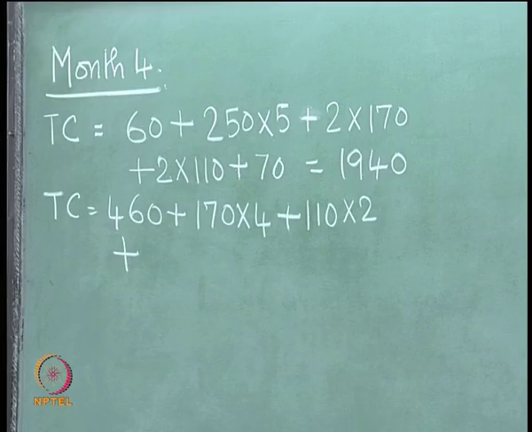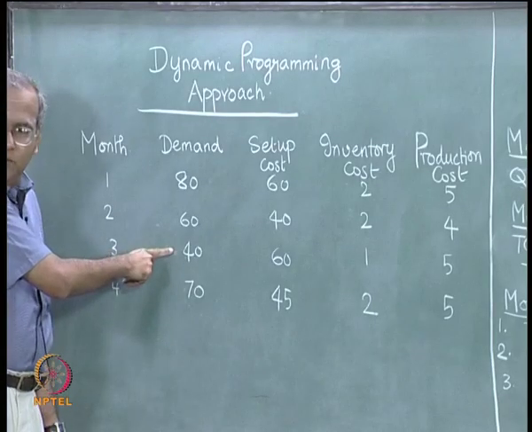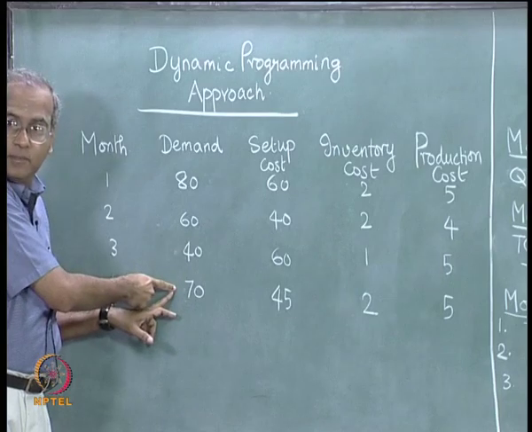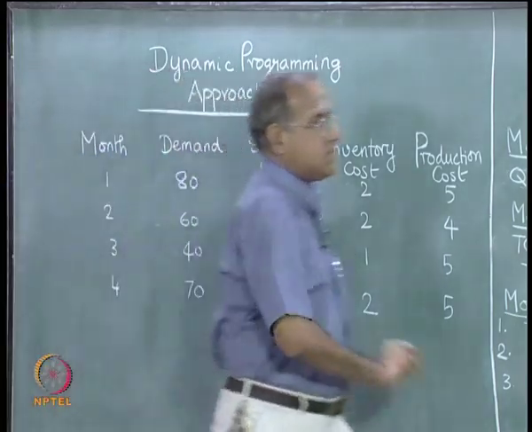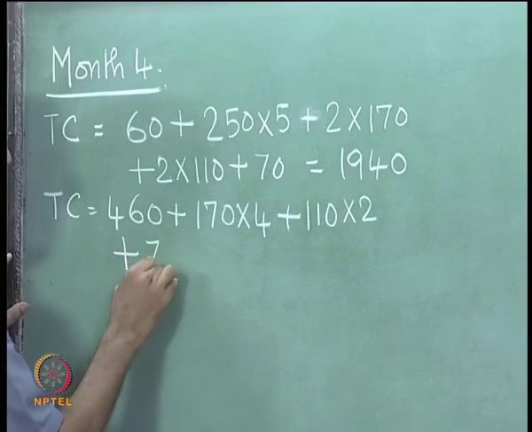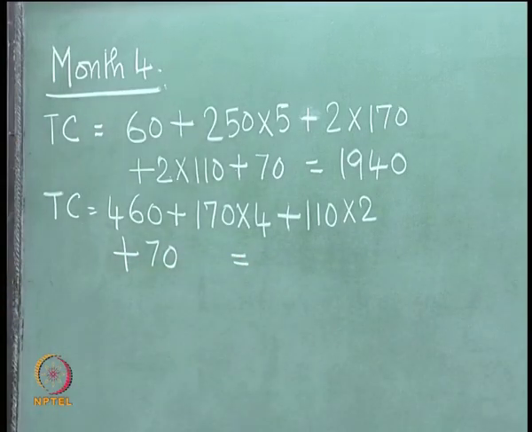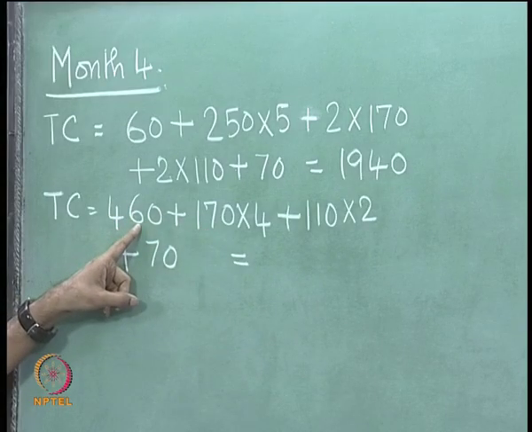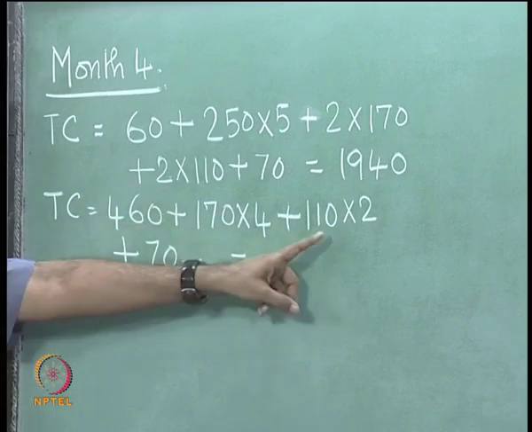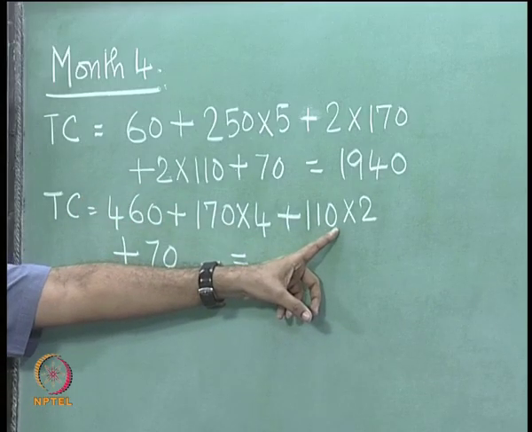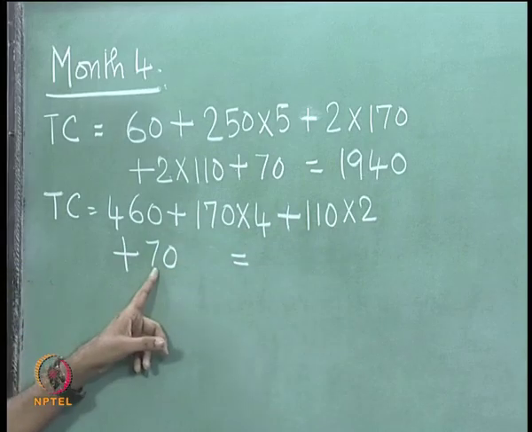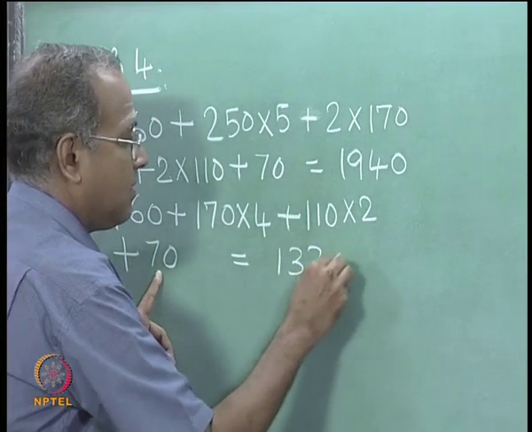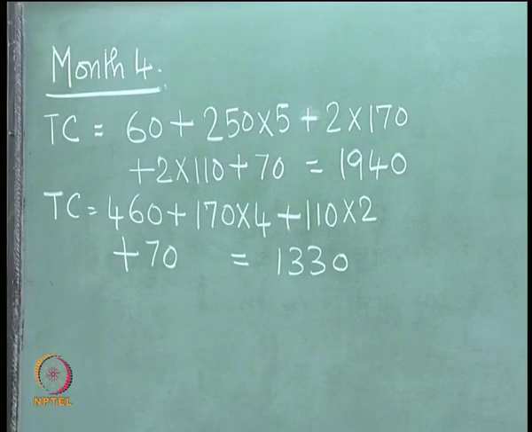Now, out of the 110 that is carried, 40 is consumed, 70 goes to the fourth period. So, 70 into carrying cost of 1, 70, and this gives us a total cost of 1330.